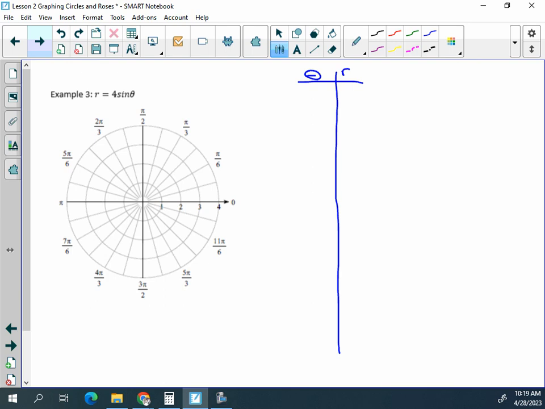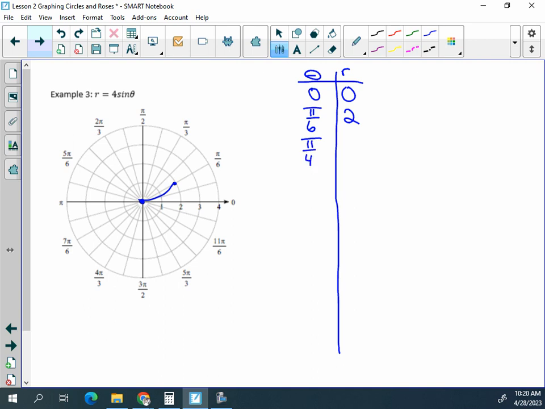So here we go. If we plug in 0, sine of 0 is 0. 0 times 0 is 0. So we have a point right there at the origin. All right. Sine of pi over 6 is 1/2. 1/2 times 4 is 2. So far, this is what we have. All right, pi over 4. Sine of pi over 4 is square root of 2 over 2.